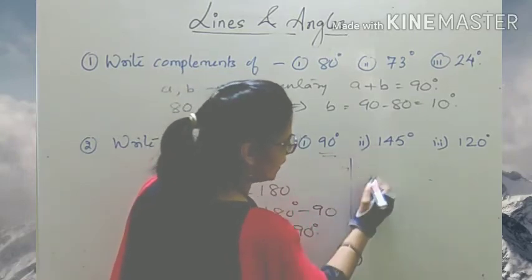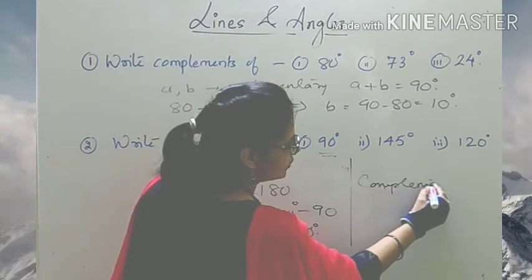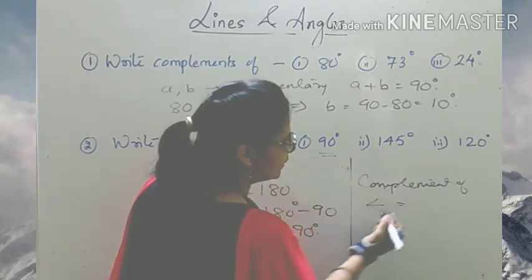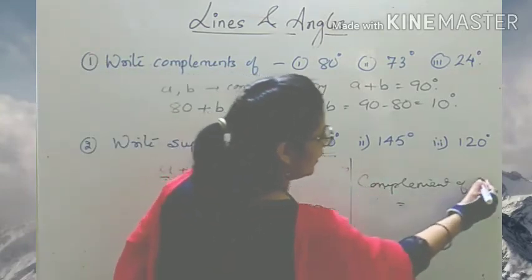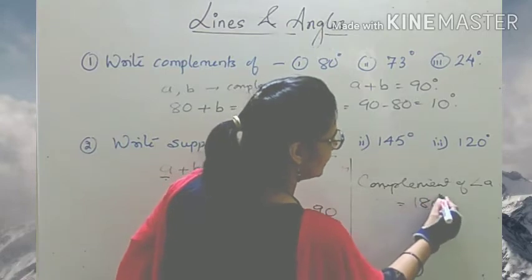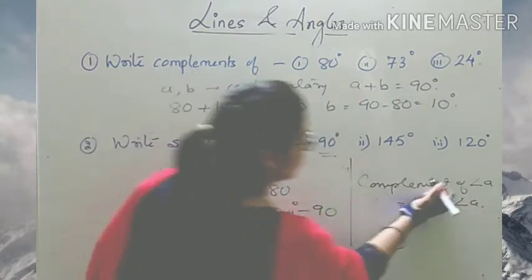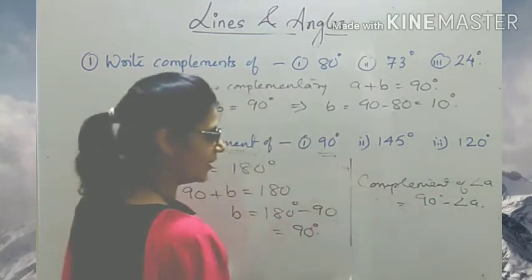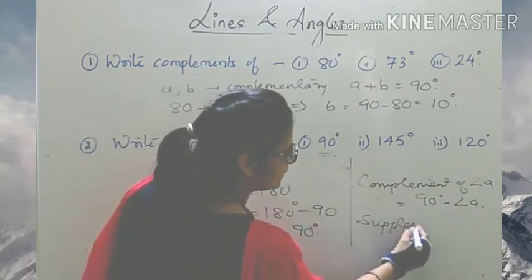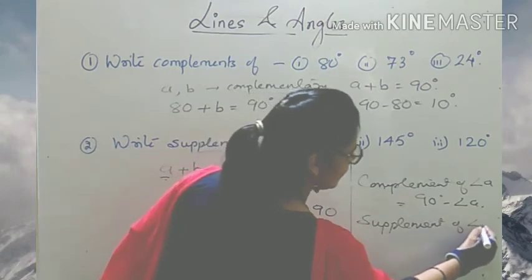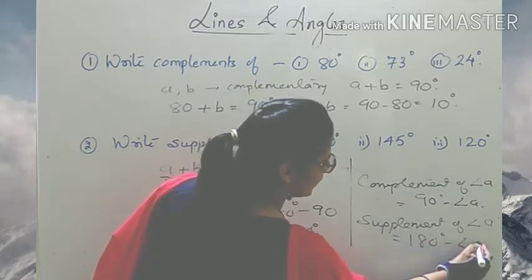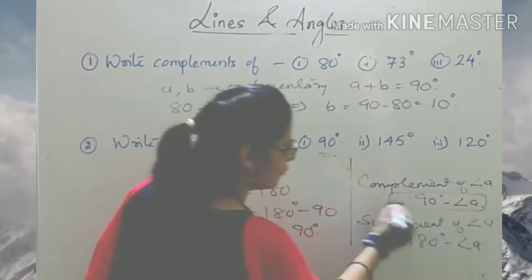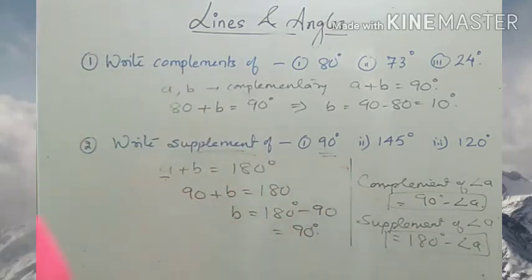Complement of an angle will be, complement of angle A will be 180 minus angle A. Sorry, complement means 90 minus angle A. And in the same way, the supplement of angle A will be 180 minus angle A. So thus we can frame a formula. Directly we can find the complement of an angle and the supplement of a given angle.